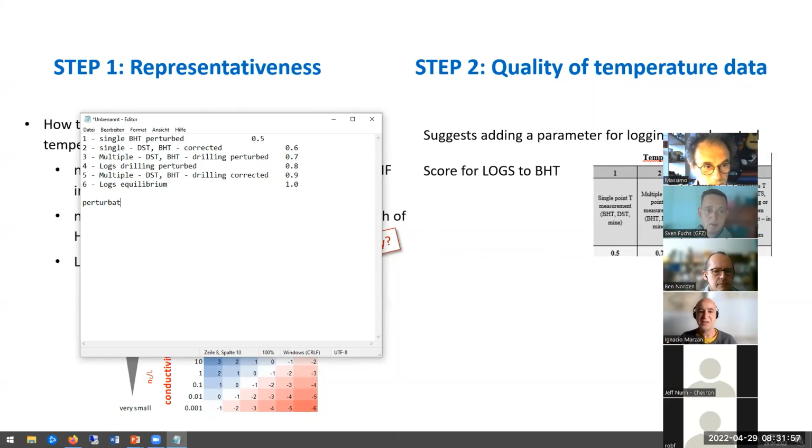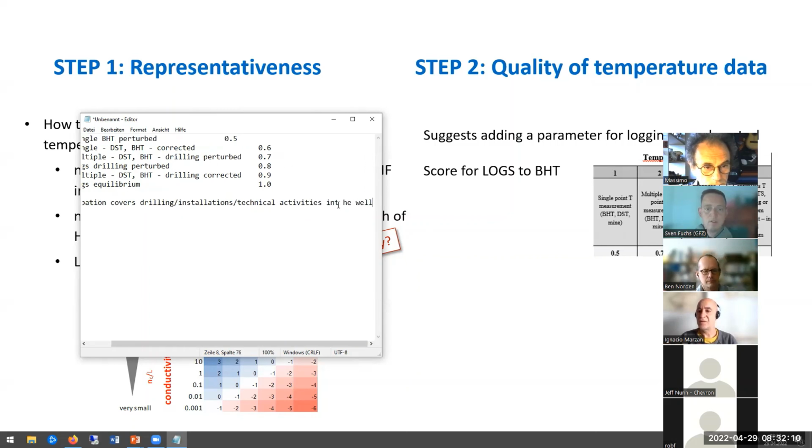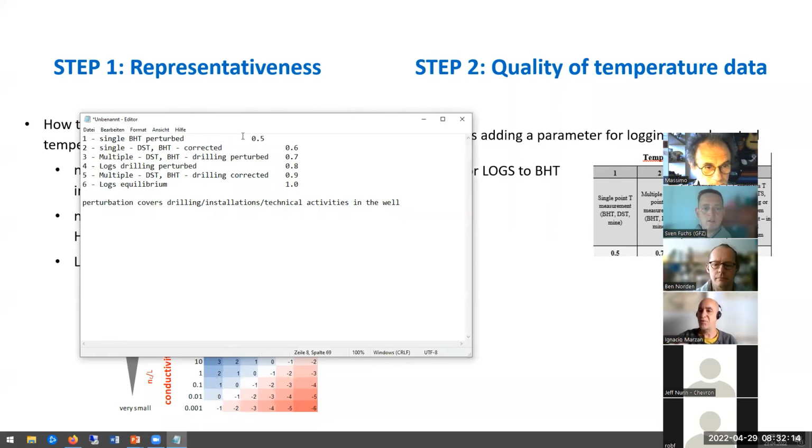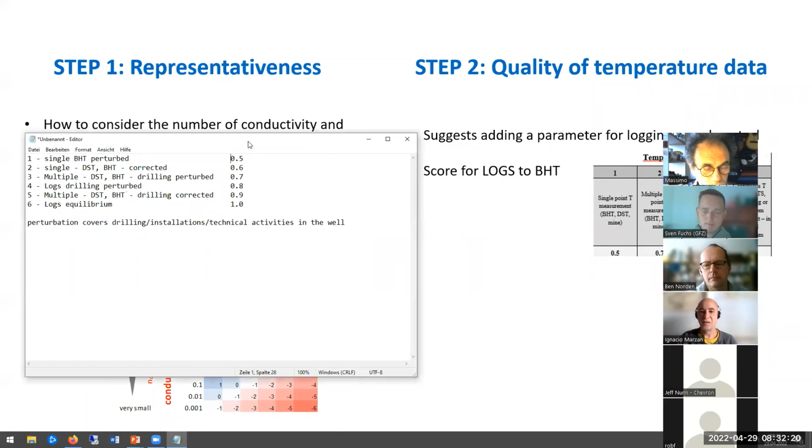This perturbation has to be due to technical activities in the well: drilling, instrumentation, or imagine that the temperature probe is not the first probe to be introduced. Imagine that, I don't know, another experiment has been done before. Things like that. Okay.